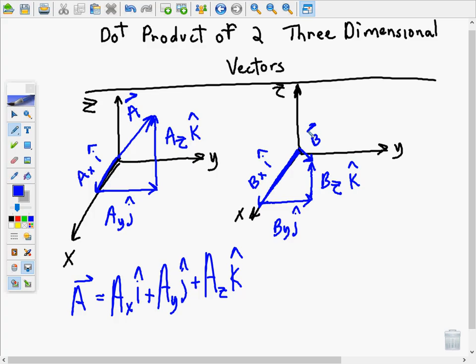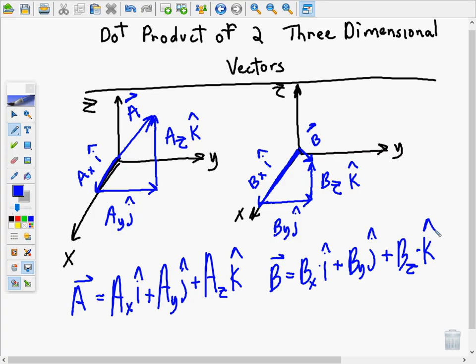For example, vector B can be expressed as the component of B in the x direction times unit vector I plus the component of B in the y direction times unit vector J plus the component of B in the z direction times unit vector K.